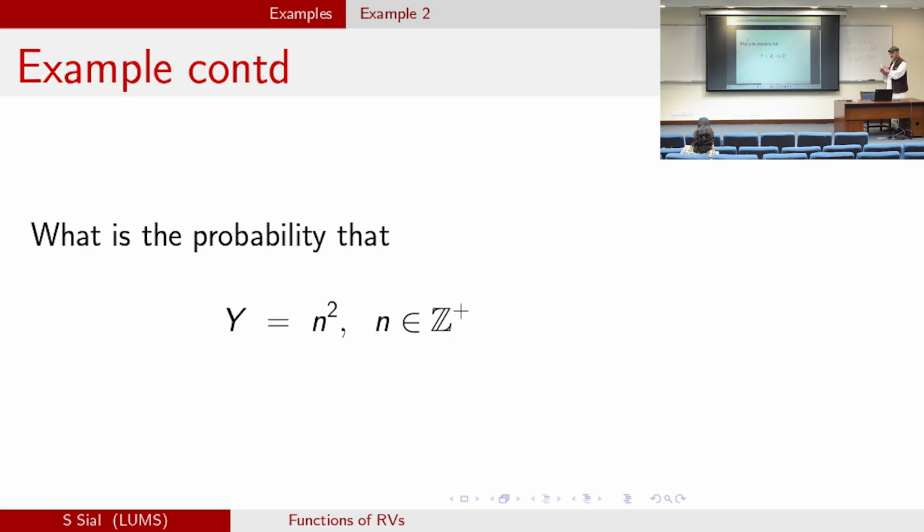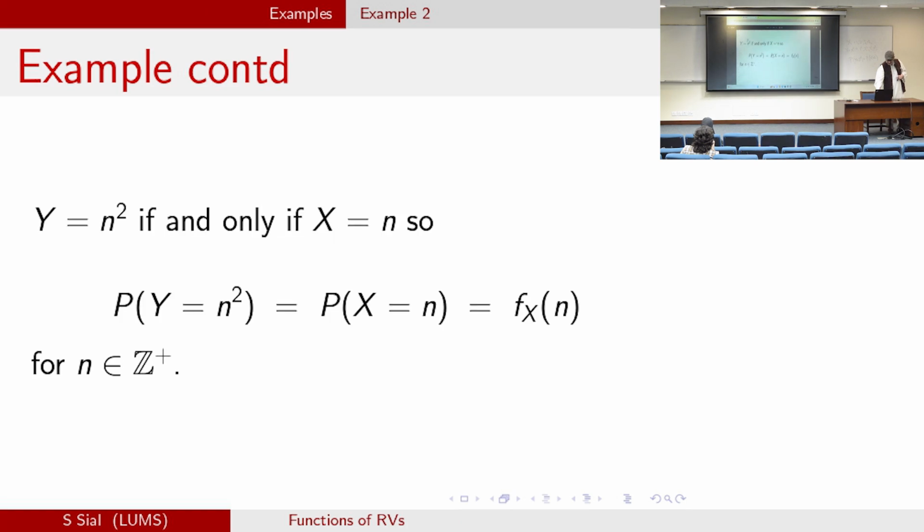And the probability that x is equal to n is given by that formula in the PMF for x. So once again, the probabilities for y can be found in terms of the probabilities for x, which is given by the PMF for x.